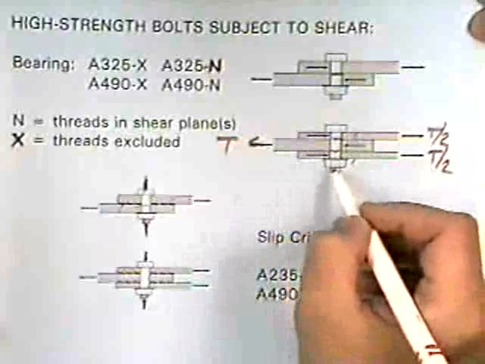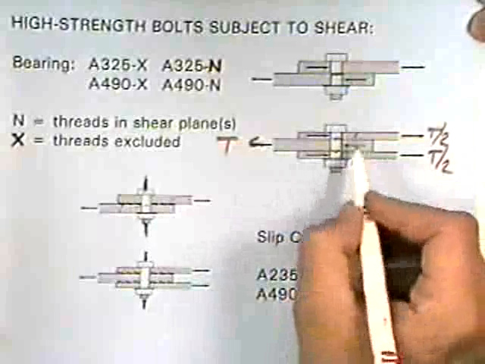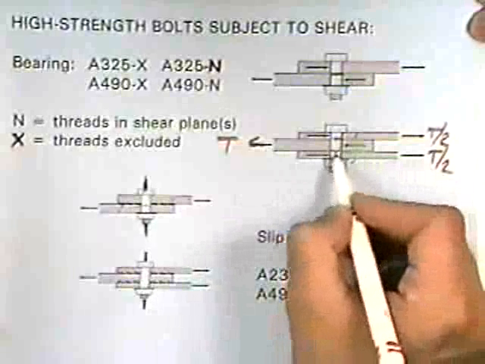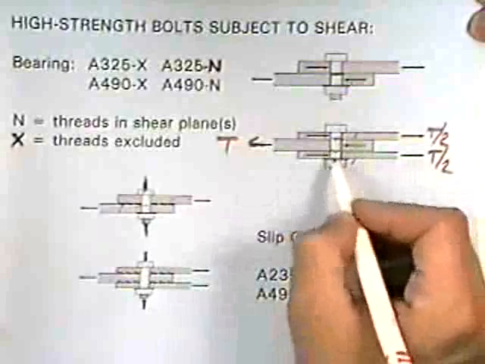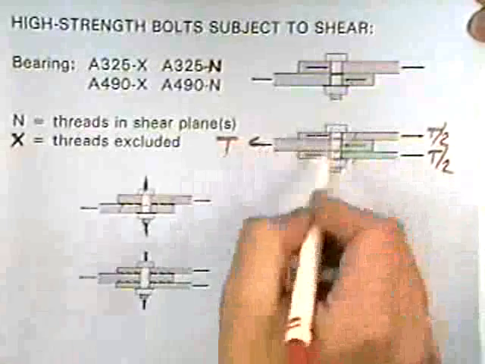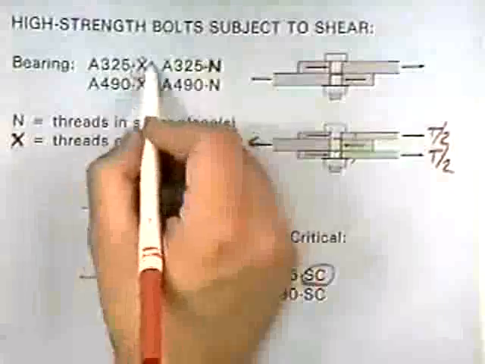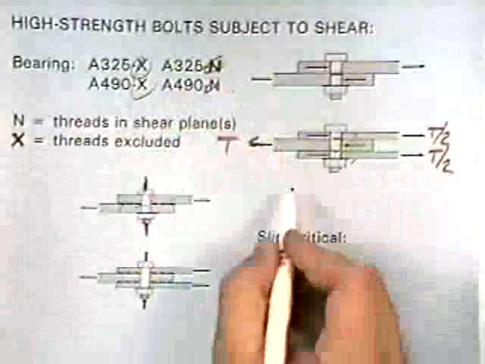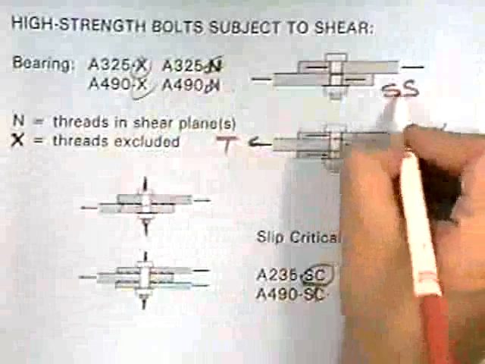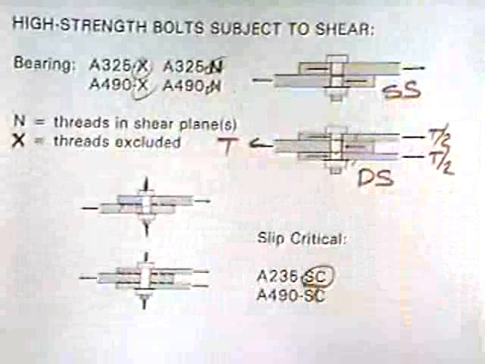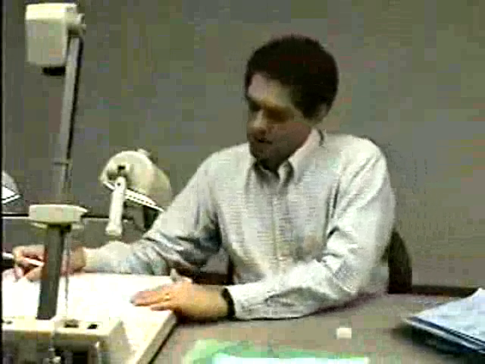But that actually gives you double the strength in the bolt, okay? Because now you can get two shear forces developing in the bolt to resist the connection force. Okay, so you see these designations, plus you see single shear and double shear, and you'll see that in the tables in a minute.